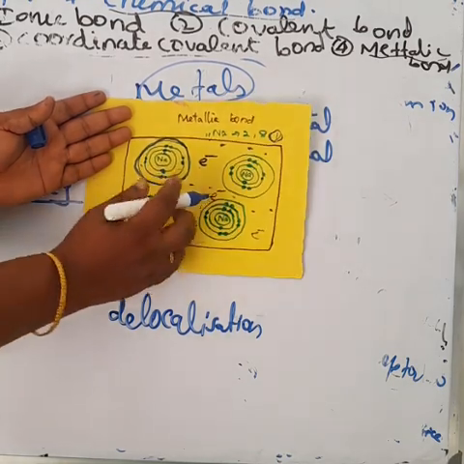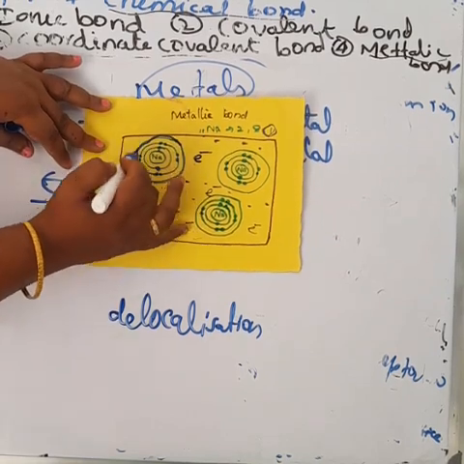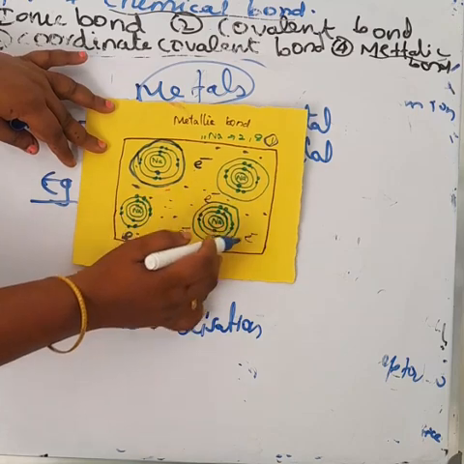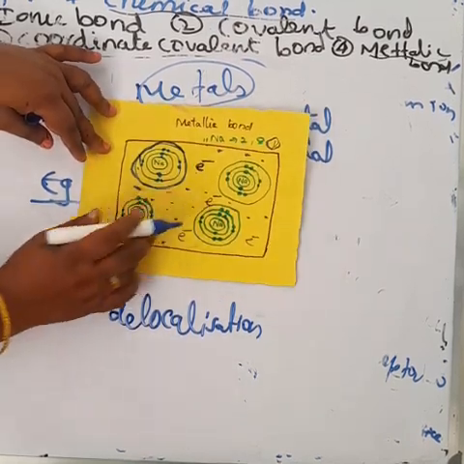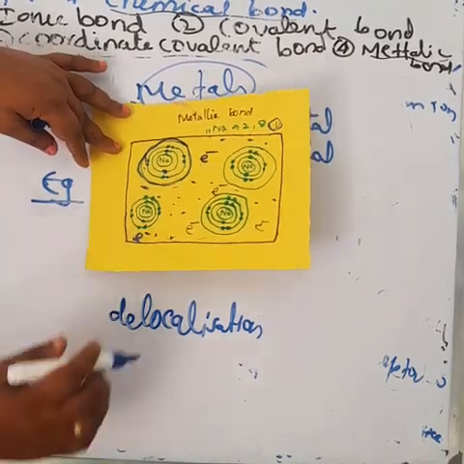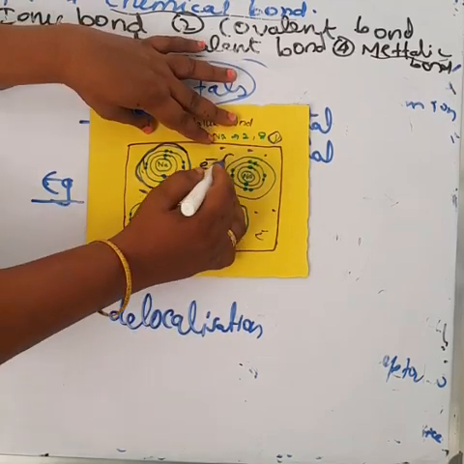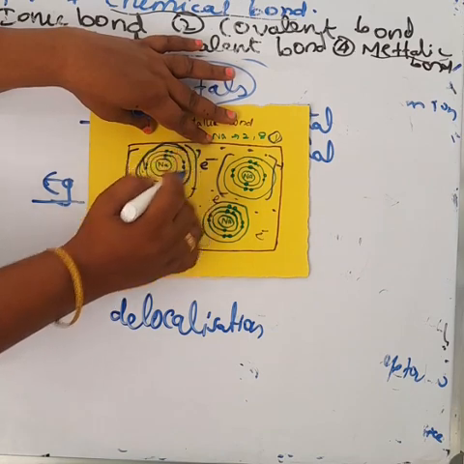Instead of orbiting their own atom, they form a sea of electrons.